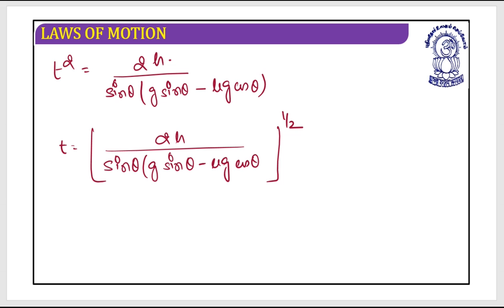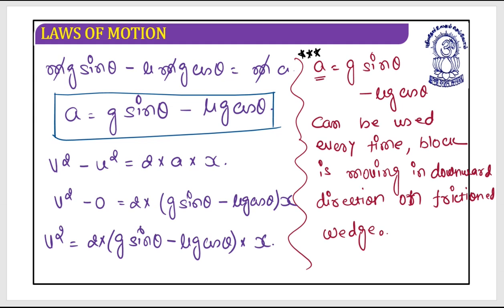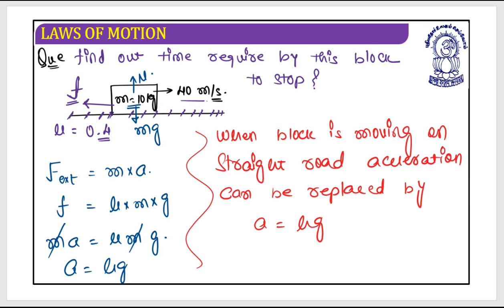These are very interesting questions, and these are the questions that have been asked in various competitive examinations. The key to understanding this is acceleration. Suppose the block is moving on a horizontal path, then acceleration can be written as a equals mu g.